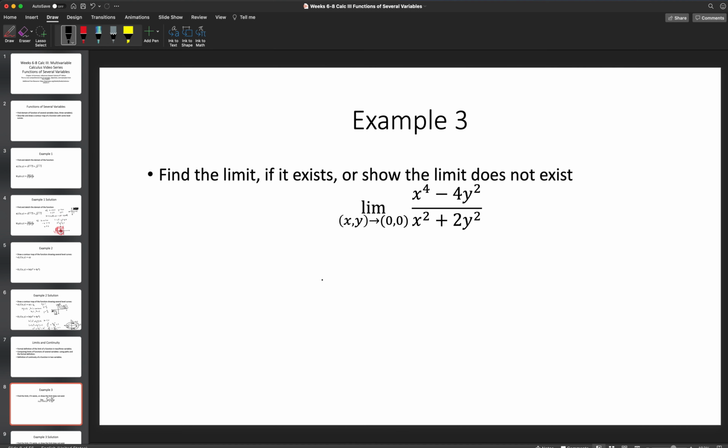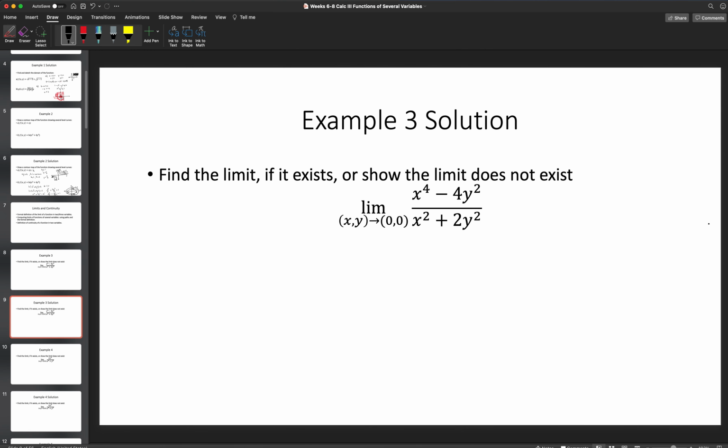So let's see this first example. Let's find the limit if it exists, or show the limit does not exist. We have this limit here, as (x, y) approaches (0, 0), of x to the 4th minus 4y squared divided by x squared plus 2y squared. One of the things you want to notice here is that you might be tempted just to plug in (0, 0).